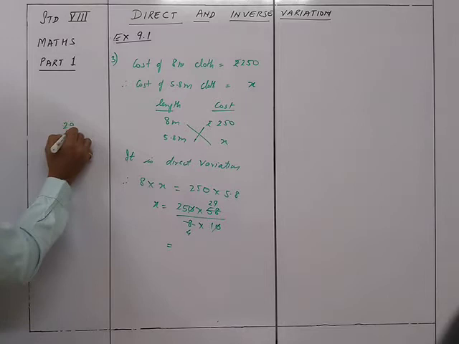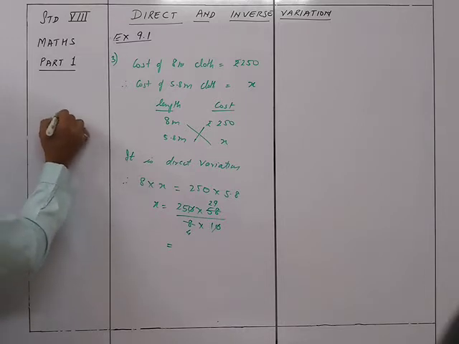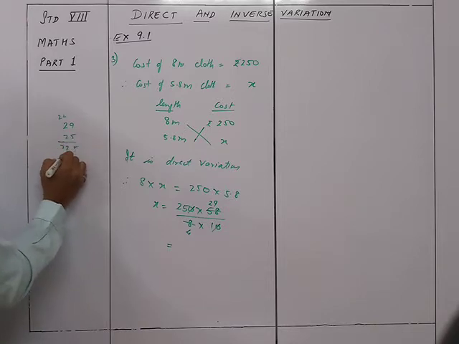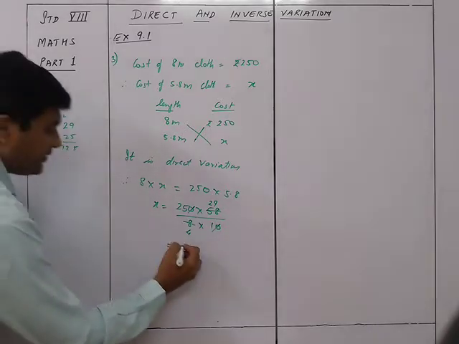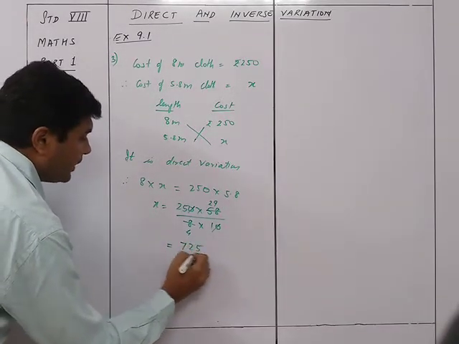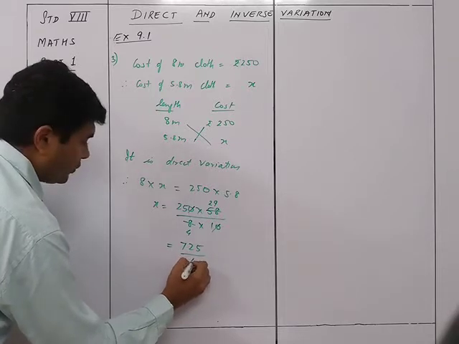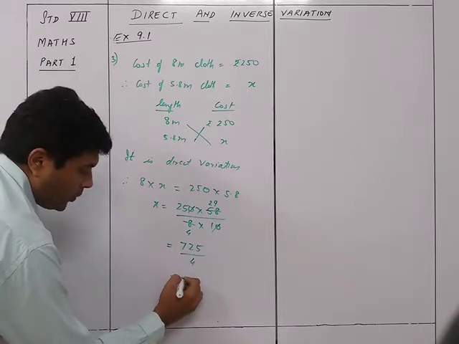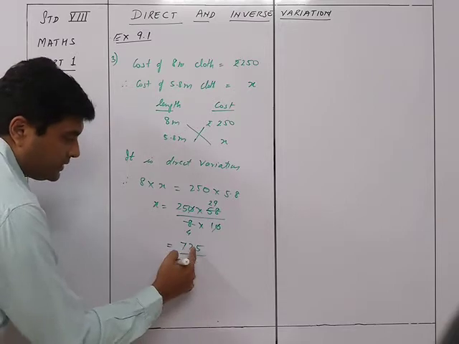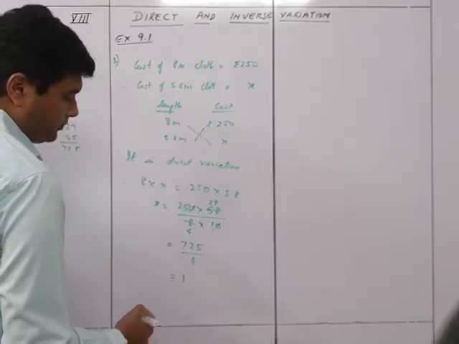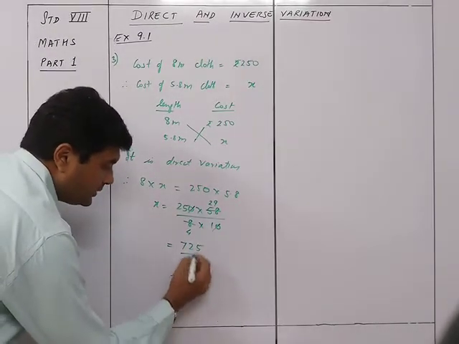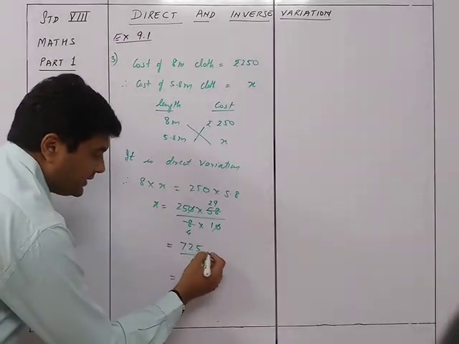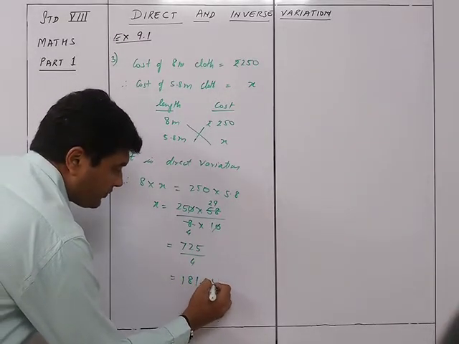So 29 into 25 is 725. So it is 725 upon 4. That will give you 4 ones are 4, and then 32, so 8s are, then 1s are, and then 10. So it will be 25.